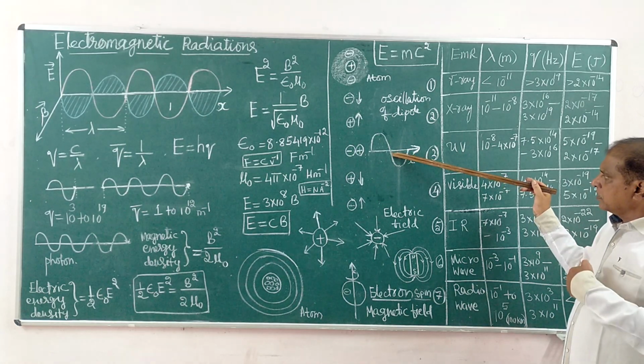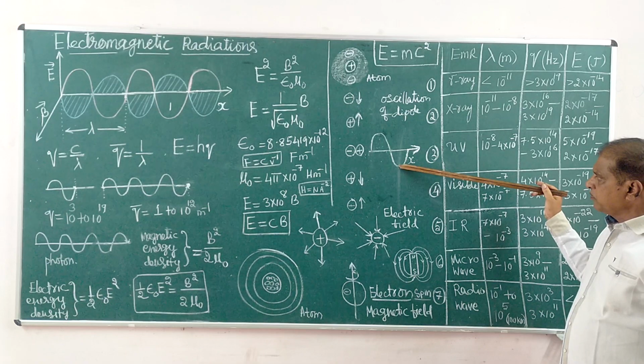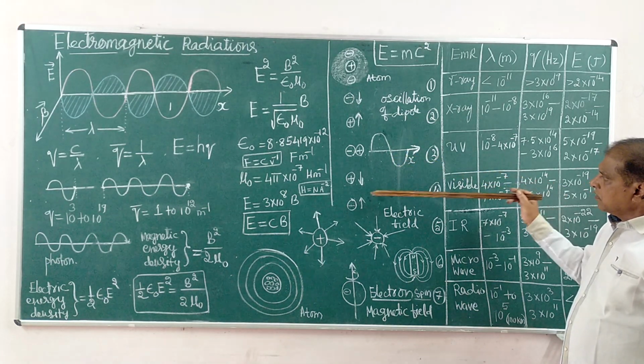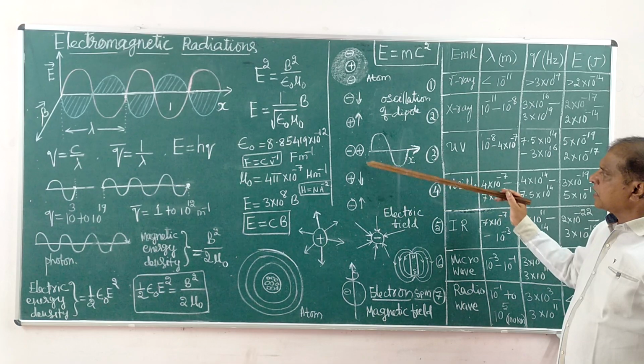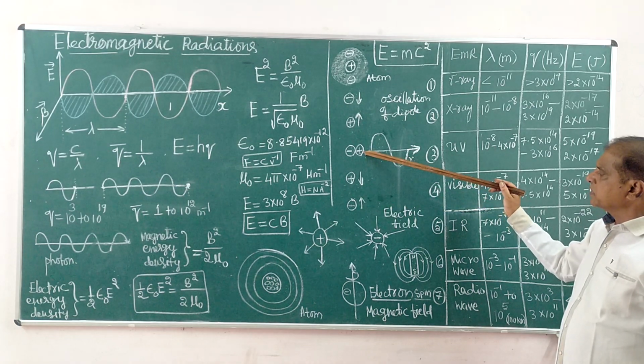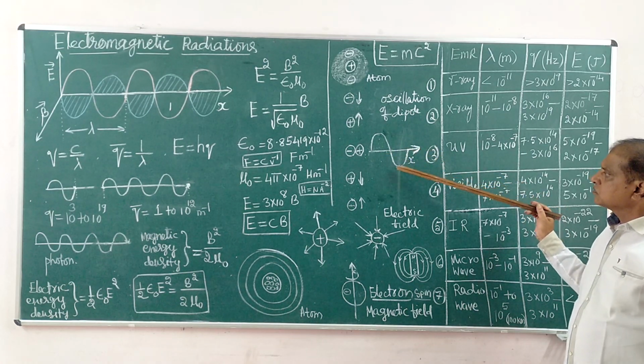The negative field increases, then decreases to minimum, then the other direction increases. When they move away from this, it reaches the maximum negative electric field. Then again it oscillates back to this position, and while doing so it decreases and becomes zero. That is one oscillation.